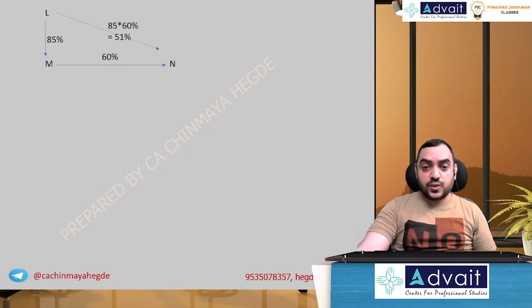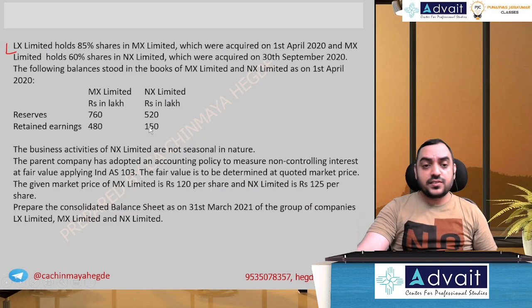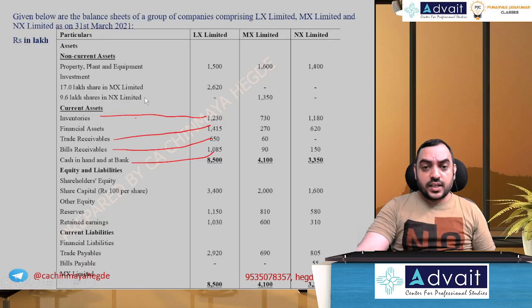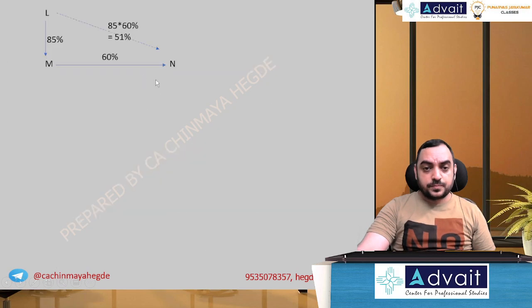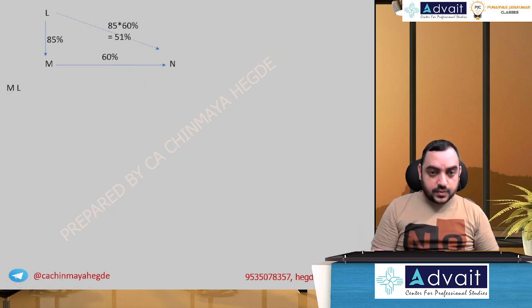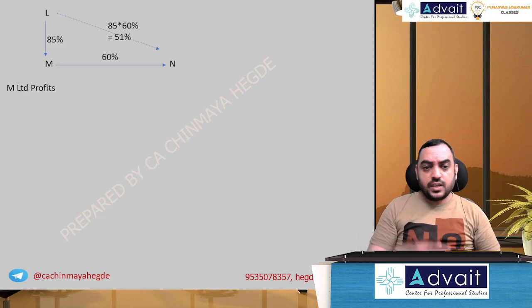The other thing is pre-acquisition and post-acquisition profits. Let's analyze. The following balances stood on 1st of April: reserves and retained earnings. Let's talk about the analysis of profits. First, let me do M Limited's profits, then I'll go for N Limited.